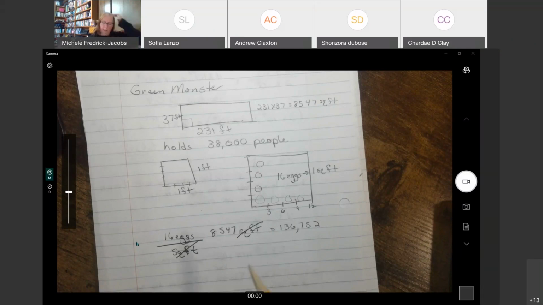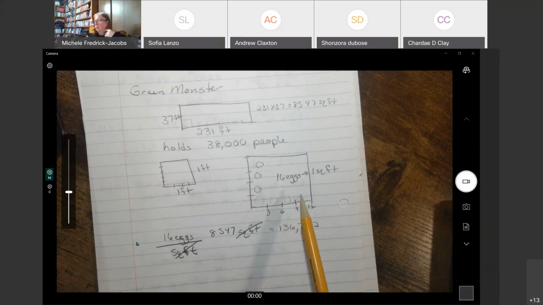I think on the test it will be a little more straightforward, but we do the number of people on a football field. I don't remember. I think that's everything. Is there any questions?